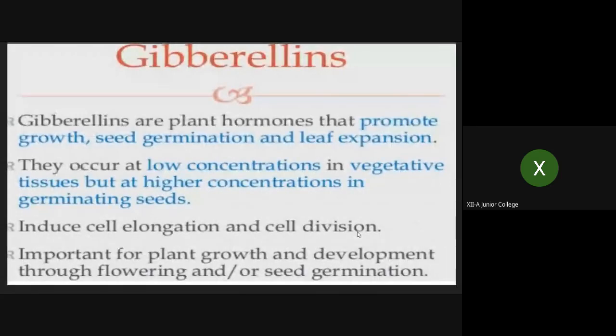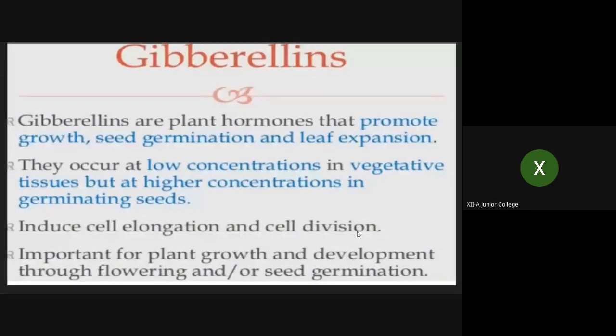Now the next growth hormone is gibberellins. Gibberellins are plant hormones that promote growth, seed germination, and leaf expansion. They occur at low concentrations in vegetative tissues, but at higher concentrations in germinating seeds.